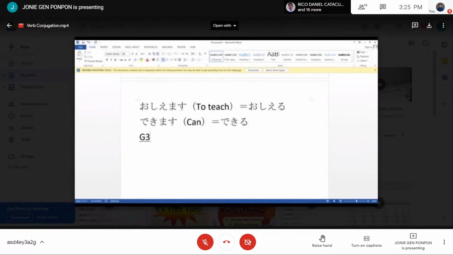Now for group 3 verbs. As I can remember, I told you in the last presentation that we have only 3 verbs for that, right?